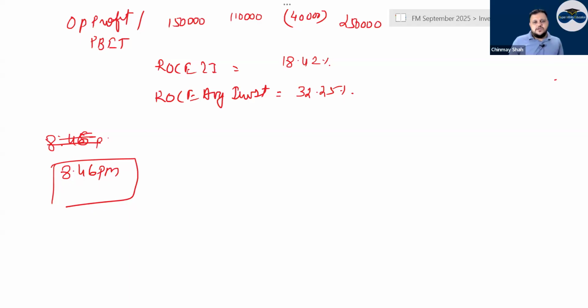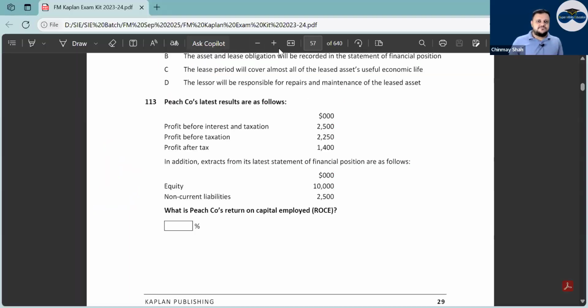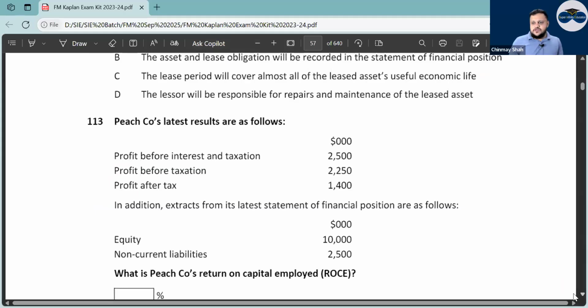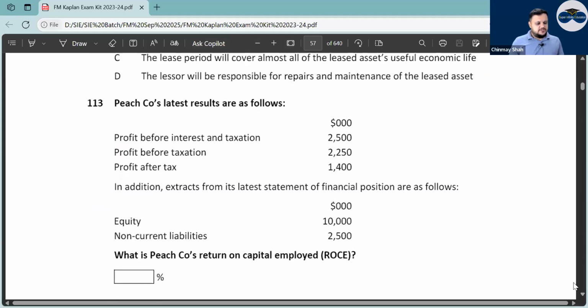हाँ आ जाओ जरा. Now see, have a look at this question. This question is completely different from what we have done. Is this question visible to you? Let me take up this question. Okay.